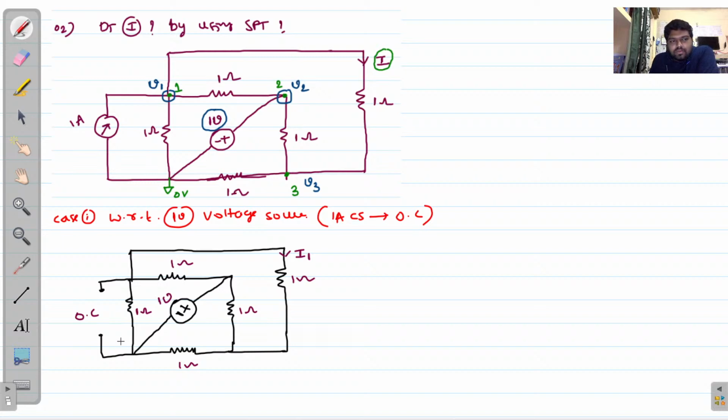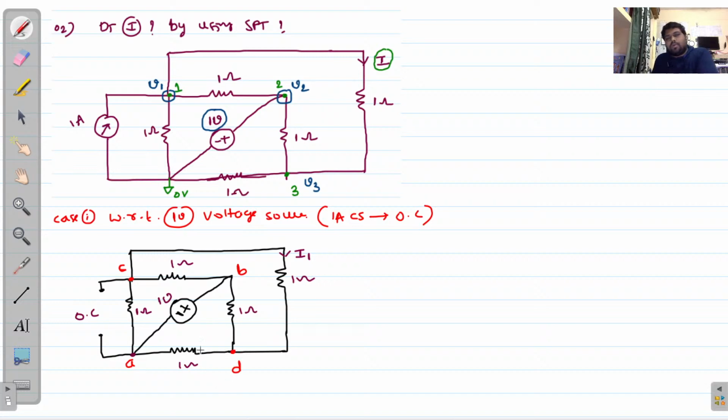This is node A, this should be considered as B, the next one as C, and this as node D.